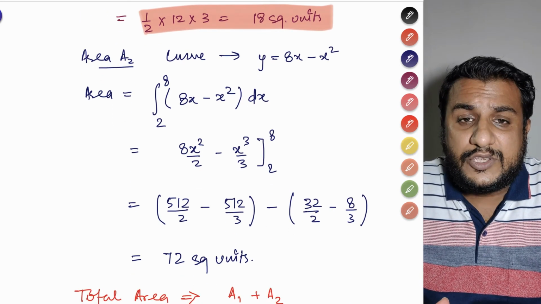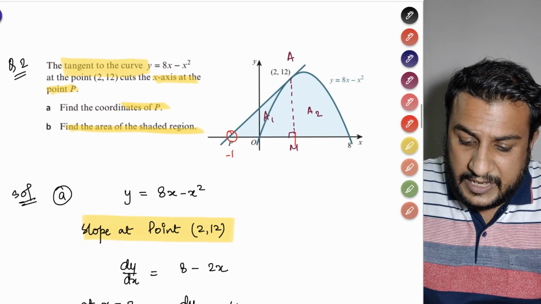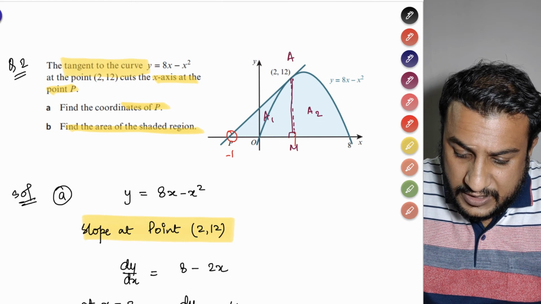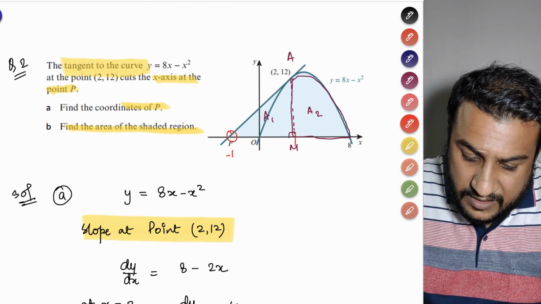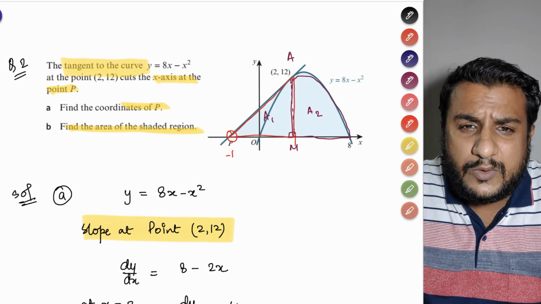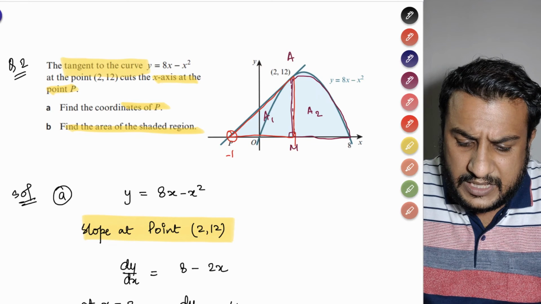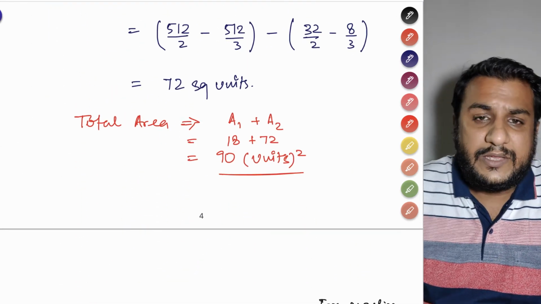So this portion is 72 square units, and this triangle is what we got, 18 square units. Now if you sum up, we get the total area as 90 square units.